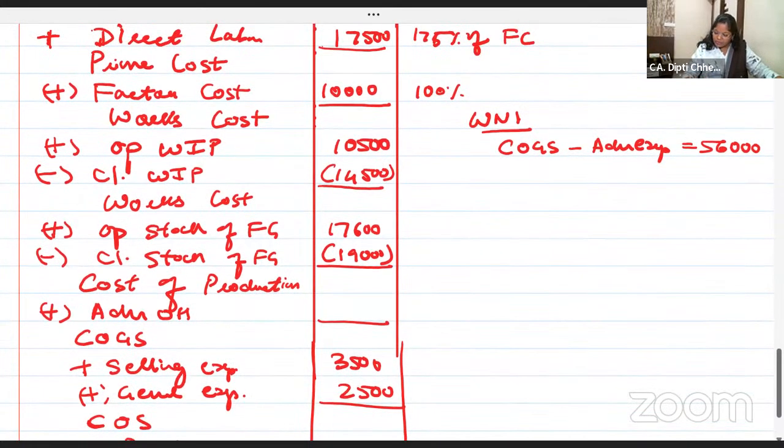What is the cost of the goods sold? I don't know. What is the administrative overhead? Administrative overhead and general overhead, have they given combined? Yeah, 2,500. They have given that combined.